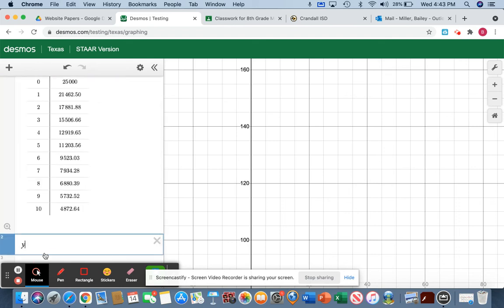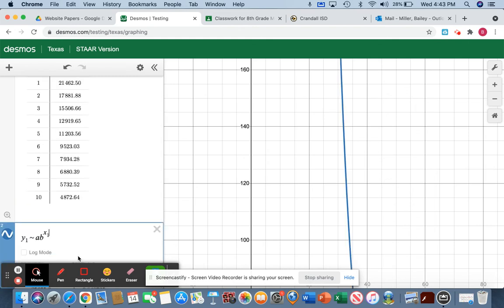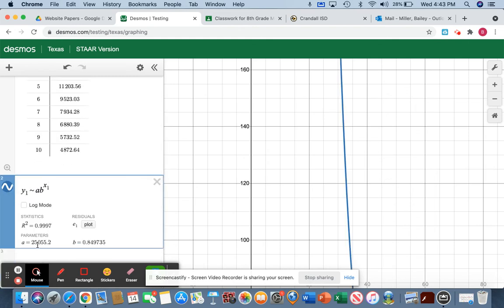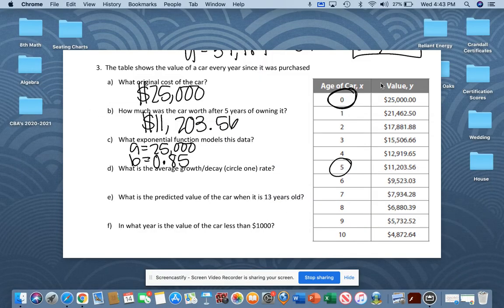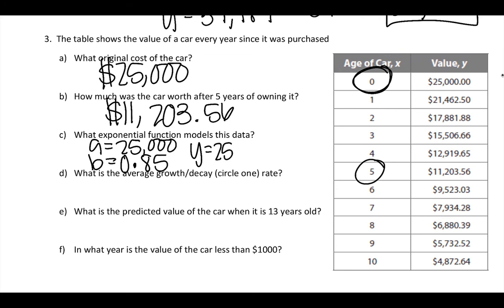Okay. Y1 squiggly AB to the X1 power. And that's a little off, not sure why, but our B is about 0.85-ish. Okay. So then if I were to write my equation, it'd be y equals my A, which is 25,000, my starting amount, times 0.85 to the x power.